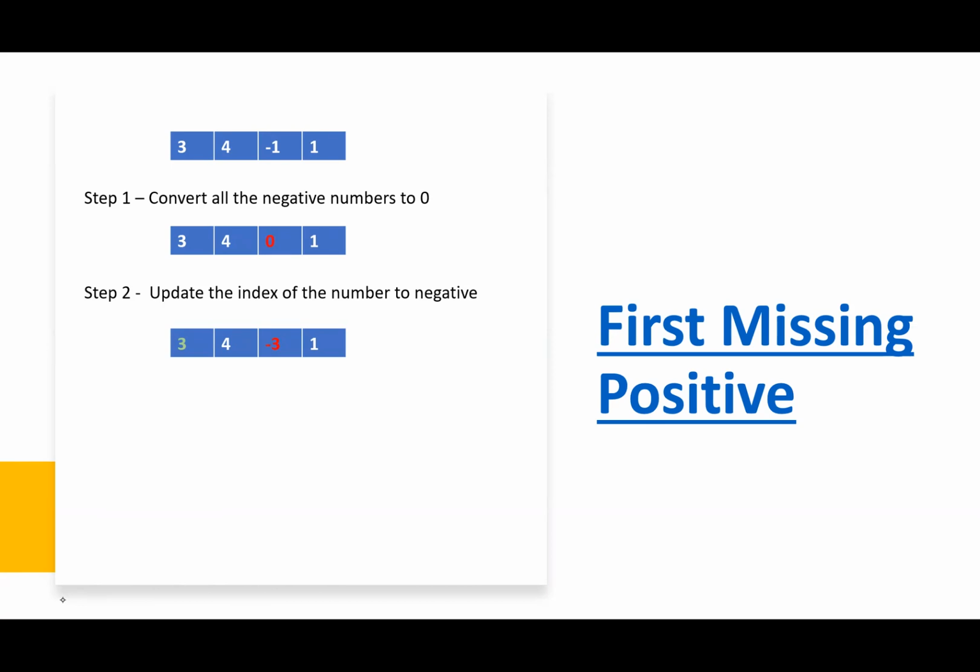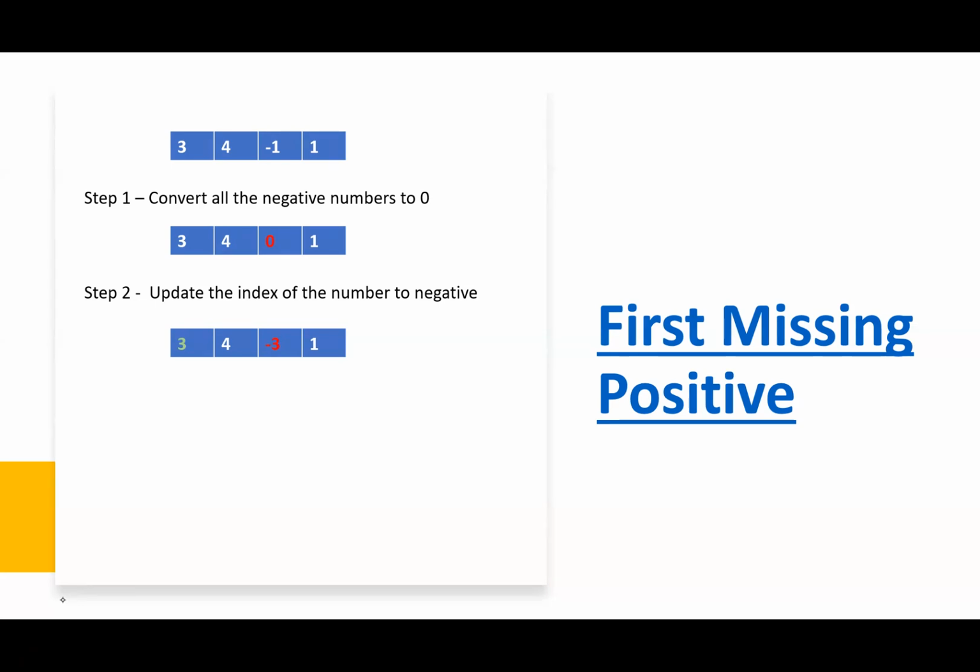What we will do is update the third position with a negative number. And if the number there is 0, either by default in the input or because we converted a negative number into 0.